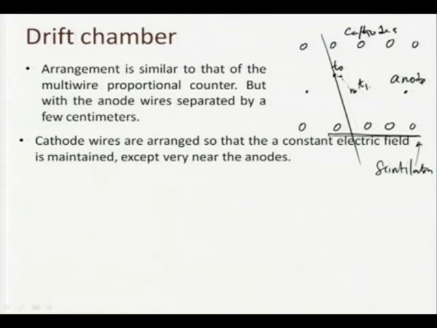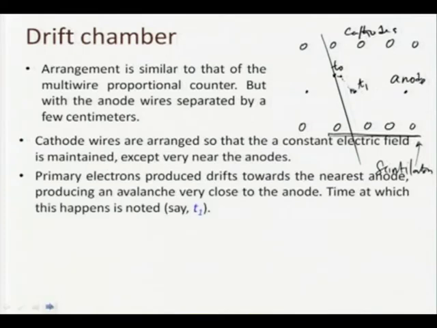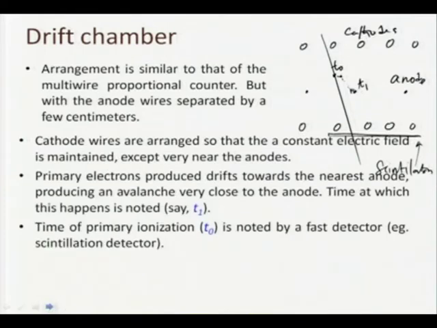This time gap and the drift velocity of the electron produced are known from the arrangement, the voltage, the electric field applied, etc. We know the drift speed of this particle, and this information along with the time difference will help us calculate the position of the particle when it produced the primary electron, or the other way around, the position where the particle has entered.